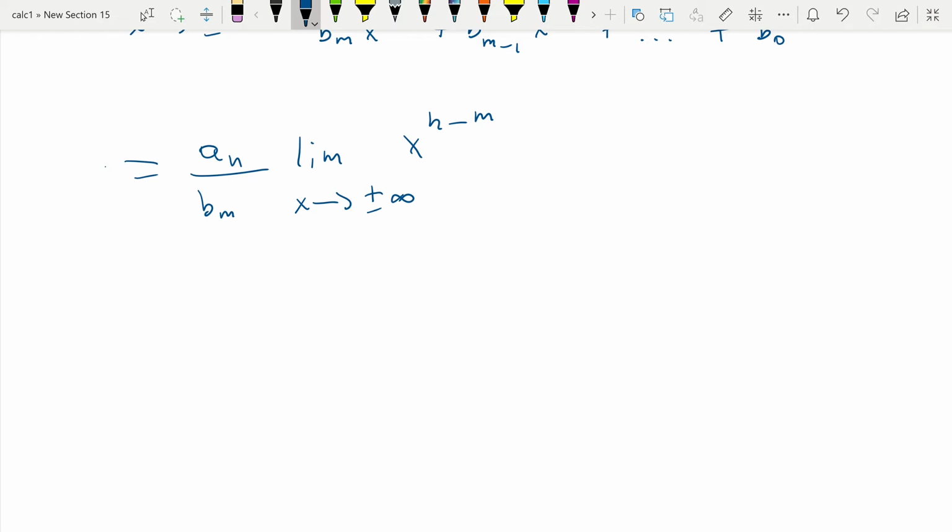If instead n is bigger than m, as you send x to plus infinity, then this increases without bound. But then the sign, whether it goes to plus or minus infinity, will depend on the signs of a_n and b_m. So that's the whole principle behind it.